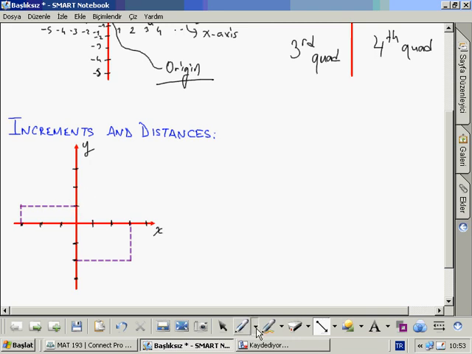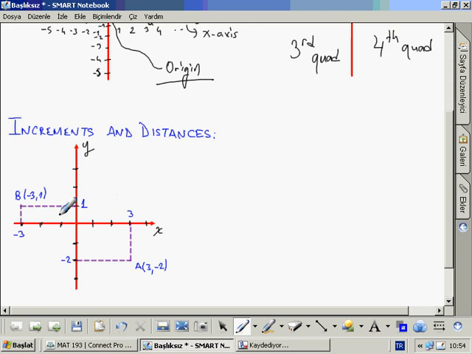Let me write these points: this is point A, which is 3 comma minus 2, and the other point is B point, which is minus 3 comma plus 1.